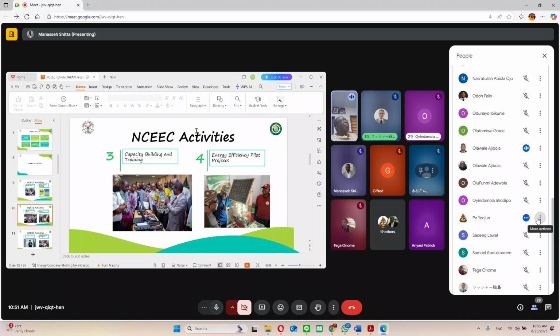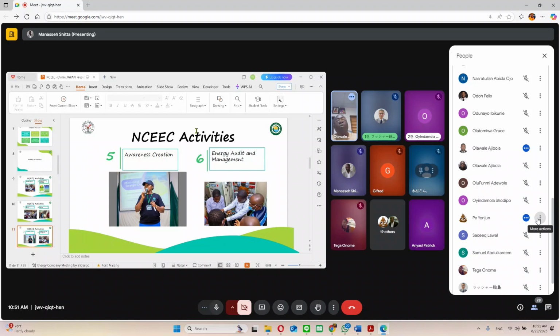So, we also assist the country in capacity building and training. This has taken us to various states like Oyo State, Ogun State, Lagos State, and so on. And then energy efficiency pilot projects. We have developed a lot of pilot projects, and this has rubbed off on the economy of the nation in no small measure.